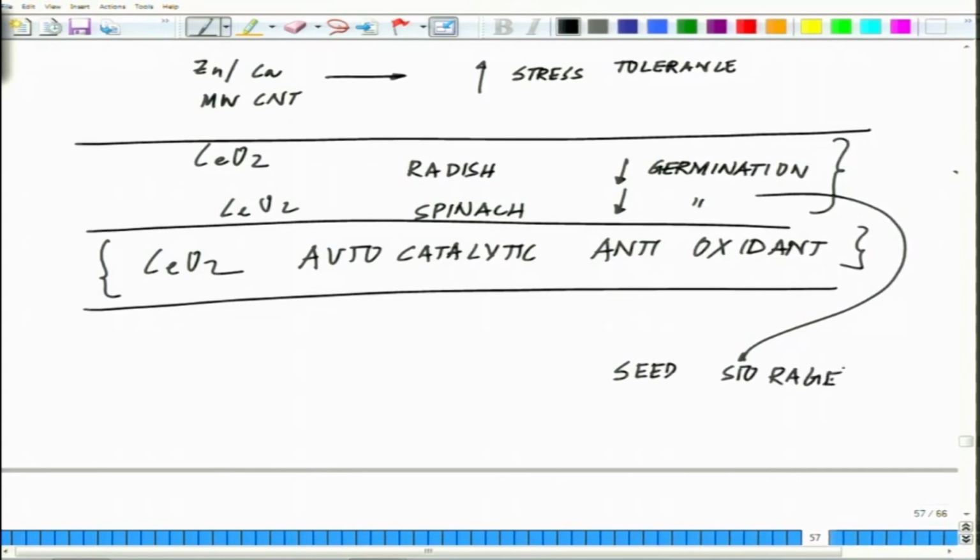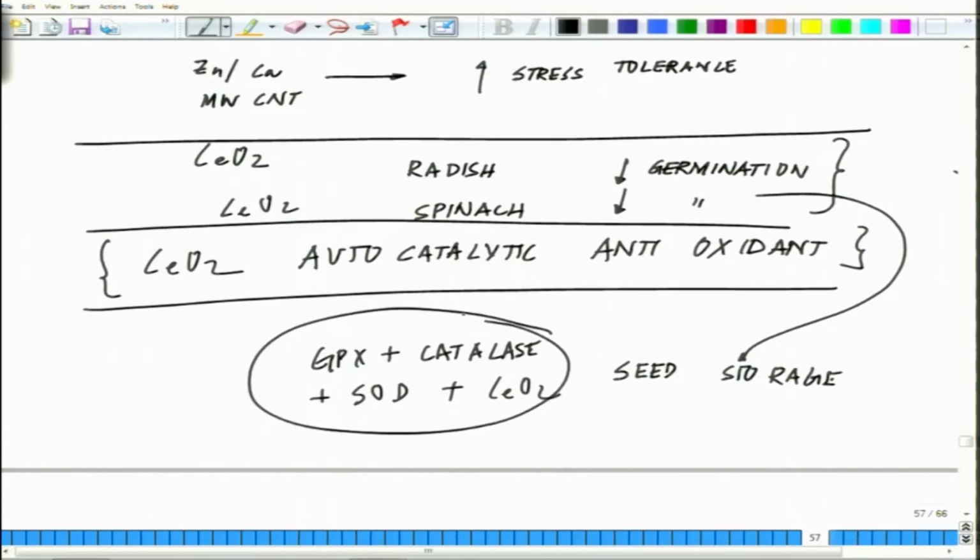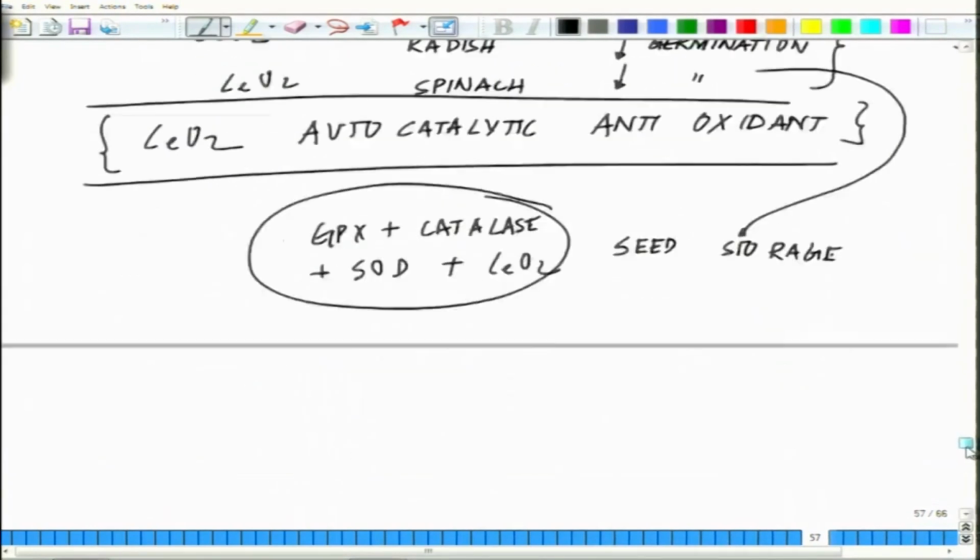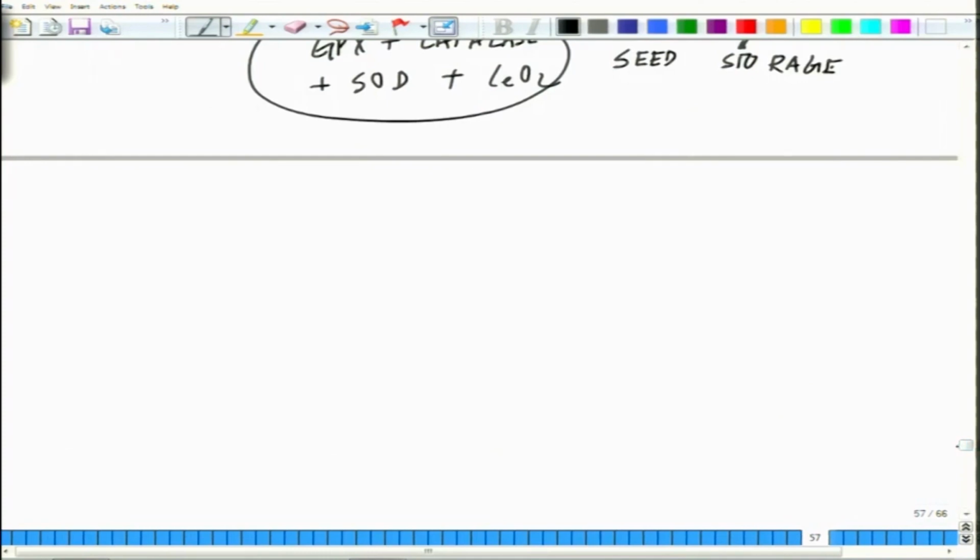Okay. So, glutathione peroxidase, catalase, superoxide dismutase plus CeO2. This is the battery of enzymes which are working. Now, from cerium oxide, I move on to carbon nanotubes. Carbon nanotubes in tomato has been shown to enhance seed germination.